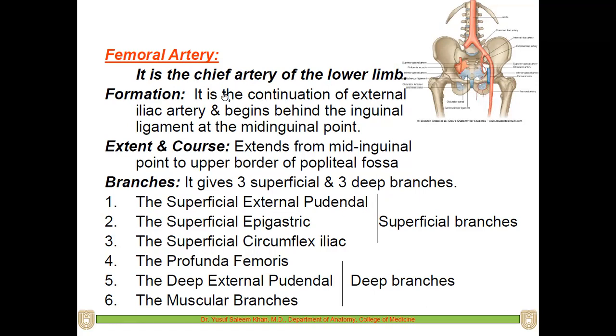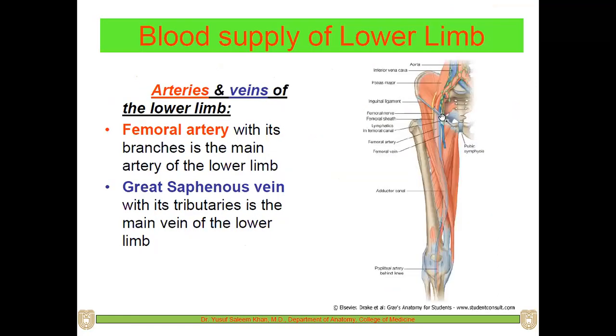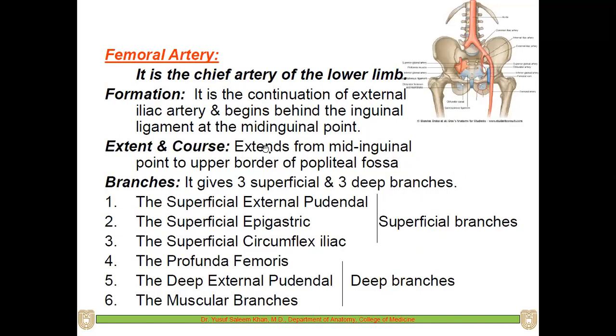Okay, so femoral artery is the continuation of the external iliac artery, you should remember, and begins behind the inguinal ligament. There is a ligament here. If you see in the previous picture, you can appreciate this is the ligament. So this is called as the inguinal ligament. So beyond the inguinal ligament, whatever artery is there, that is called as the femoral artery.